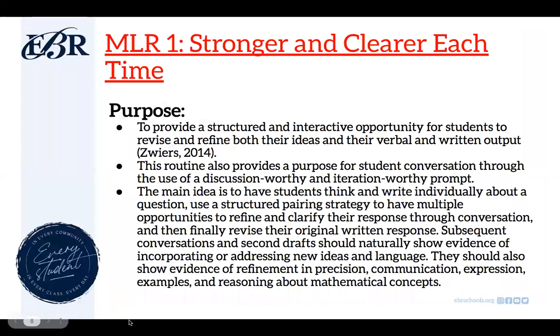So routine 1, stronger and clearer each time. The purpose of this routine is to provide a structured and interactive opportunity for students to revise and refine both their ideas and their verbal and written output.